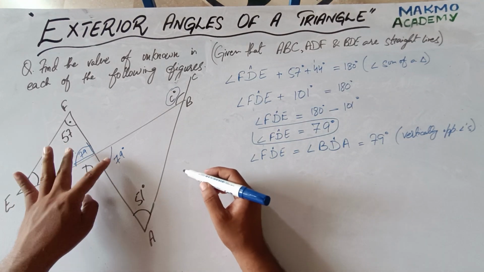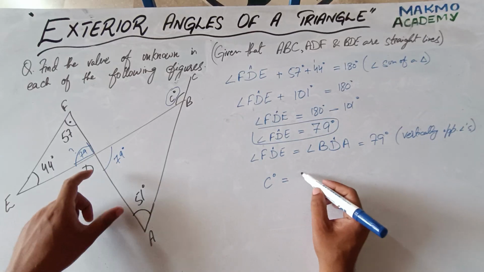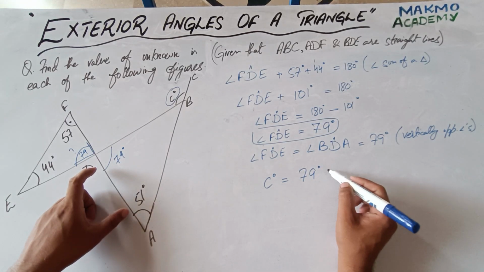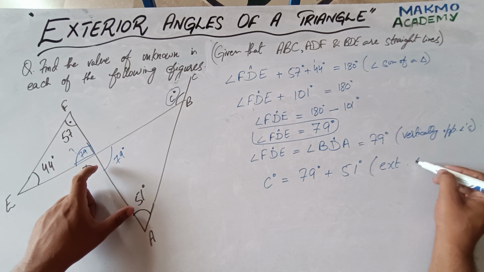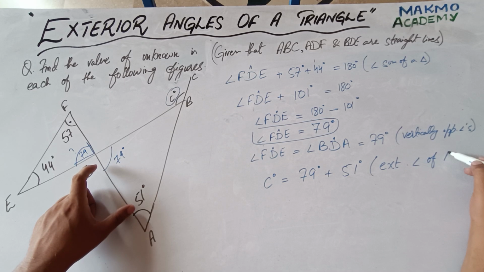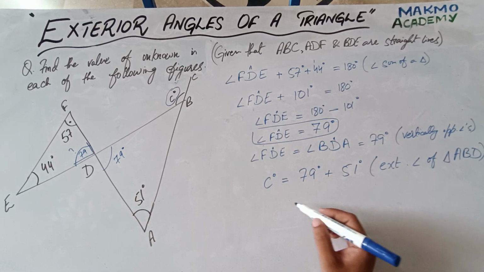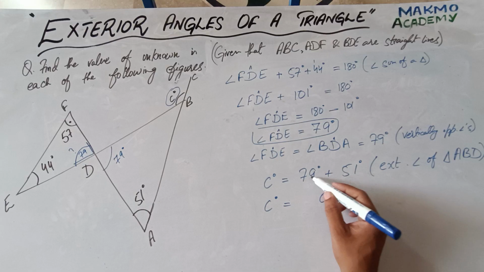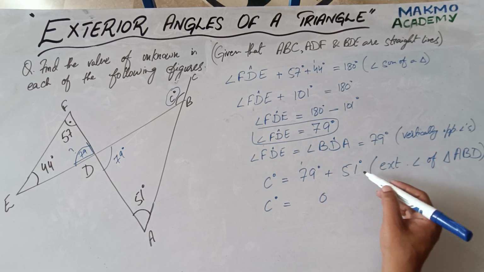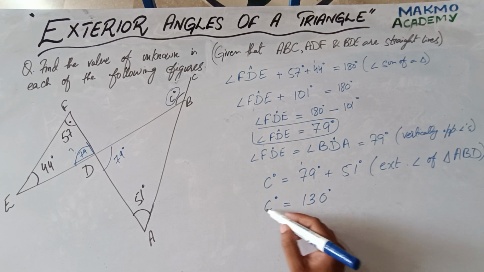Now if these two angles are equal, we can say that angle C is equal to the sum of two opposite interior angles, exterior angle of triangle ABD. So C is equal to, add both of them, 9 plus 1 is 10, 8 plus 5 is 13. So C is equal to 130 degrees.